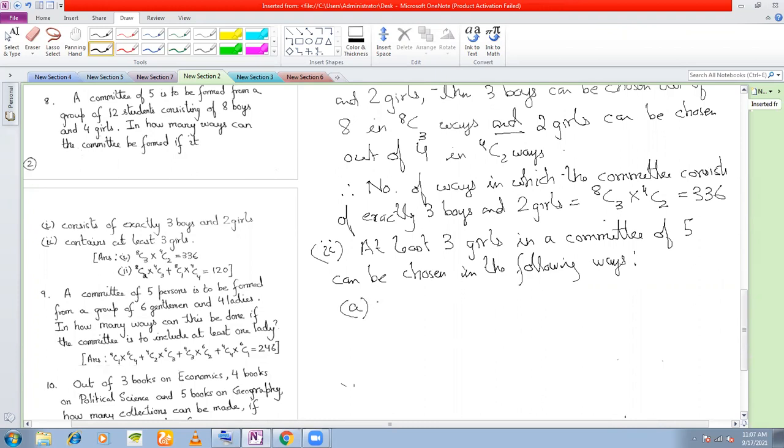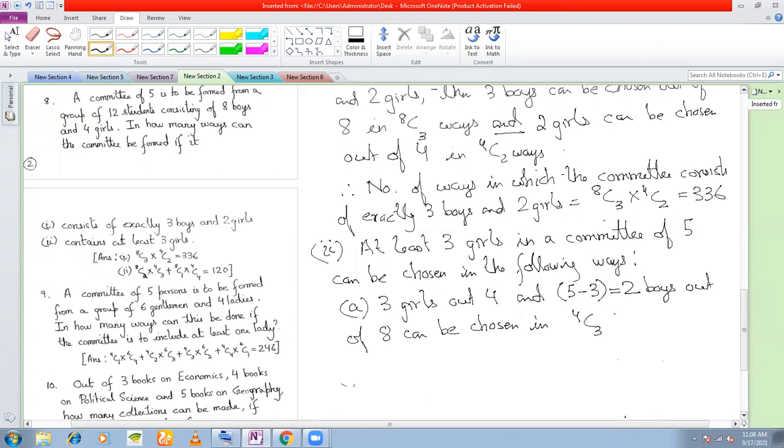So you can have 3 girls out of 4. And 3 girls you have chosen. So committee of 5, how many are left? You have 5 minus 3 is equal to 2 boys out of 8 can be chosen in 4C3 into 8C2 ways.